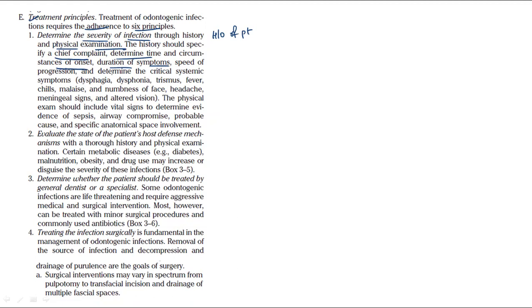Speed of the progression. So first, you take a detailed history, you take the chief complaint and ask questions like when did it start, onset, time, what are the symptoms, and is it critical? You don't want to question a person who's going into a medical emergency with detailed questions, right? So you have to note the critical systemic symptoms. That is, does the person have dysphagia, dysphonia, trismus, fever, chills, malaise, numbness of the face, headache, meningeal signs, and altered vision?